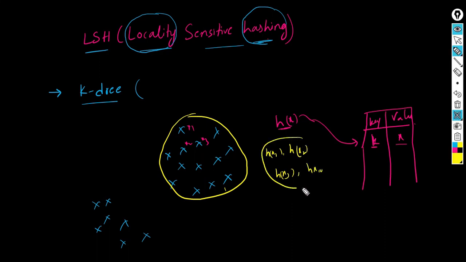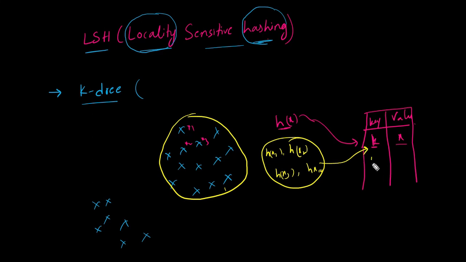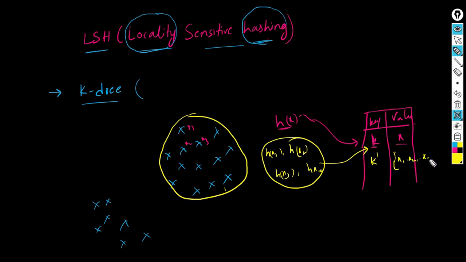For all these hash function values we will get the same key, let's call it k dash. The 10 points will be stored under the same key: x1, x2, x3, up to x10.